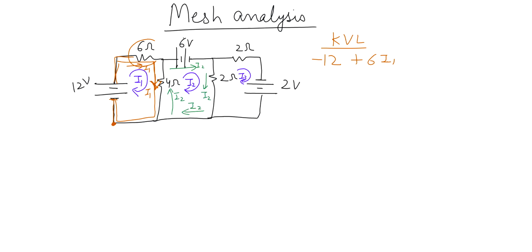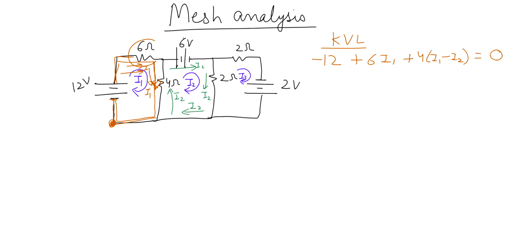One is due to loop 1 and the second is due to loop 2. So we are writing the equation for loop 1. I'm considering the direction this way. So I1 goes in this direction, I2 is going in the opposite direction. So we will say here 4(I1 minus I2). Then I reach here and then I go back to the same point. So we completed the loop and we have written the first equation.